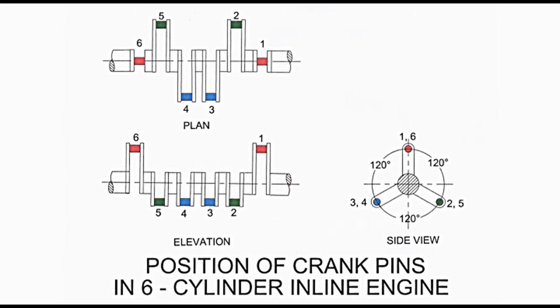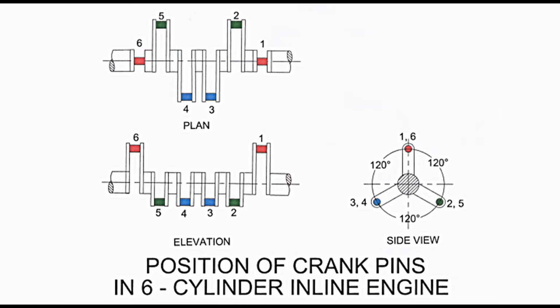Pistons in cylinders 3-4 are following, and when these reach TDC, the power stroke begins in cylinder 4 as it is in the rear half. Next, the power stroke begins in cylinder 2 as it is in the front half when the pistons in cylinders 2-5 reach TDC. Further, again the same order is followed.